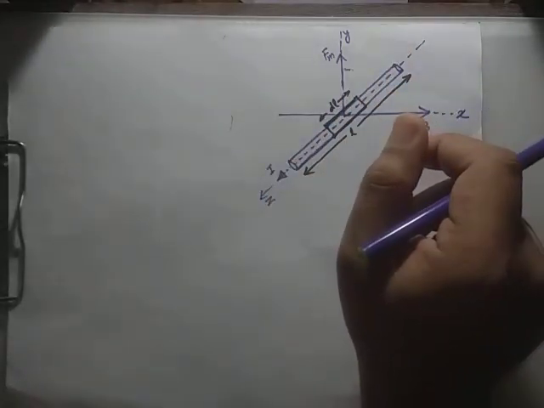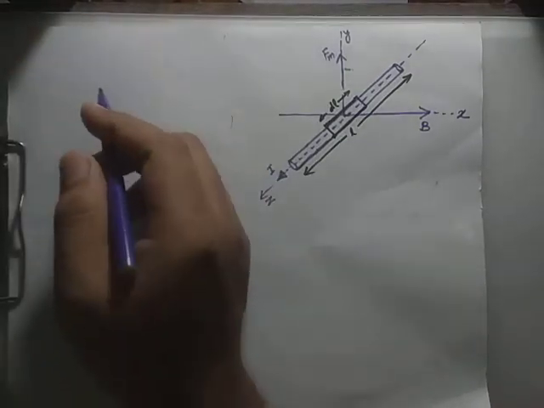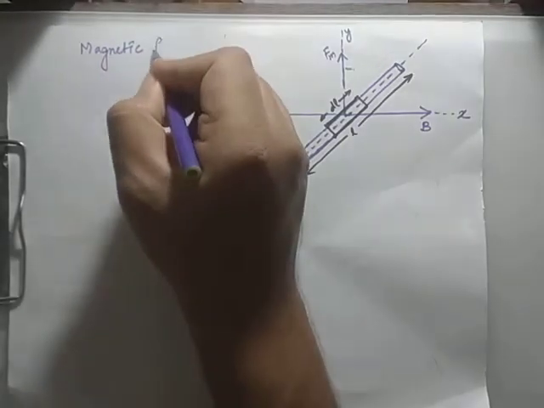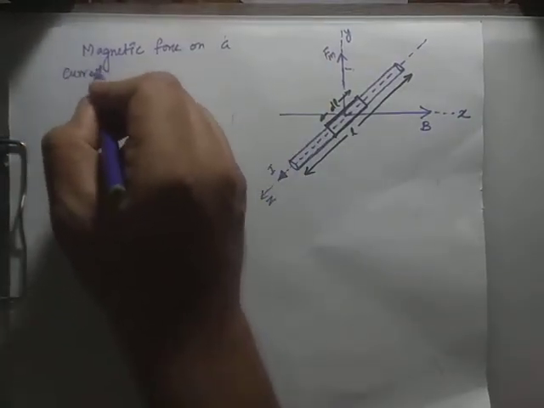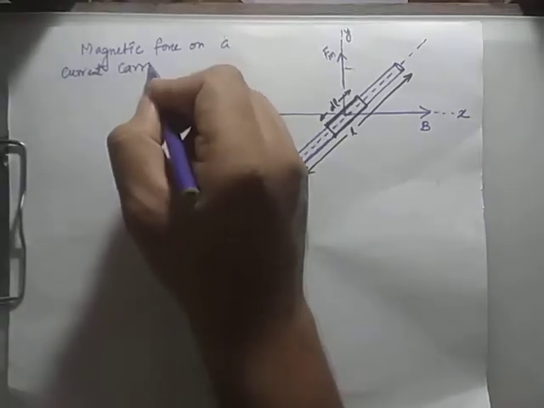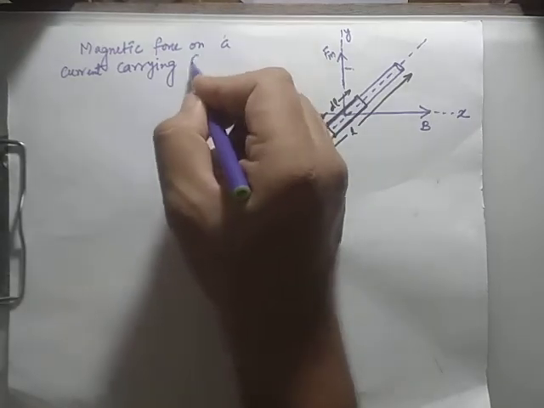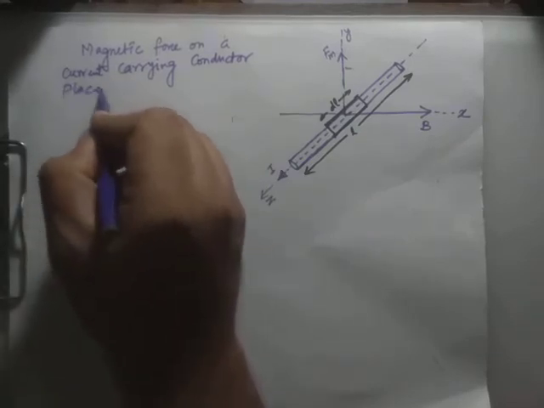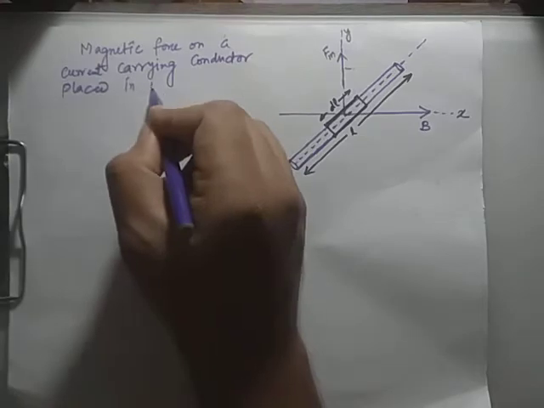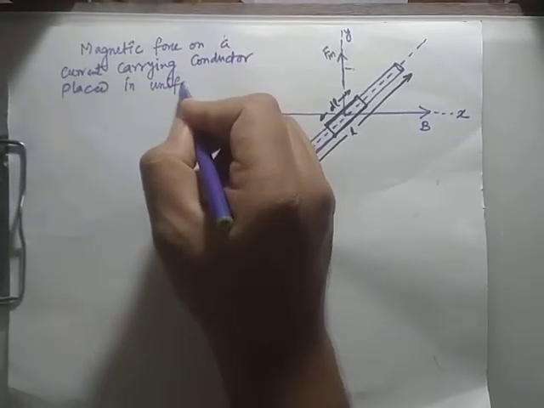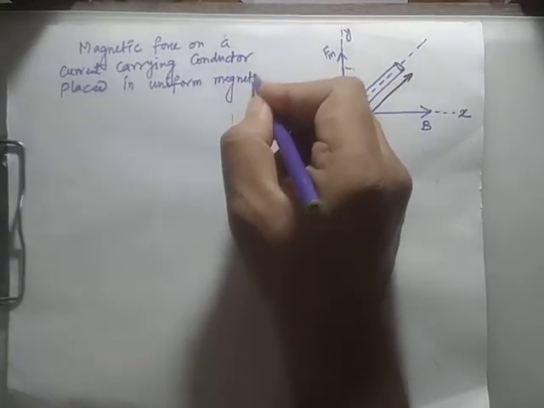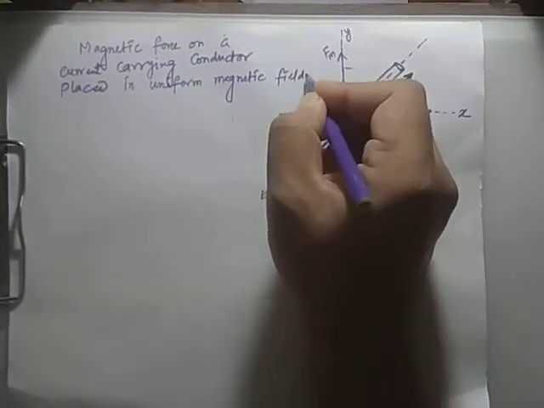So first we write the heading here: magnetic force on a current carrying conductor placed in a uniform magnetic field. So this is the heading.